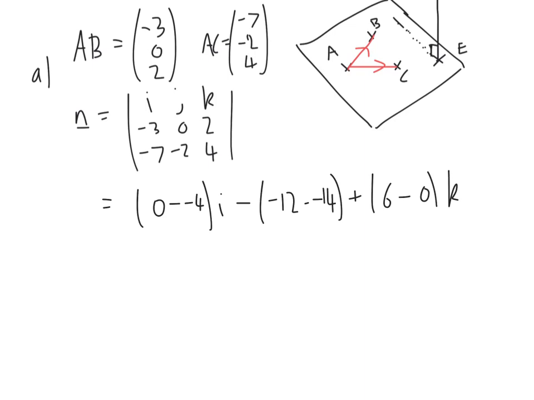Okay, that one should have been j. So the normal is 4, minus 2, and then 6.